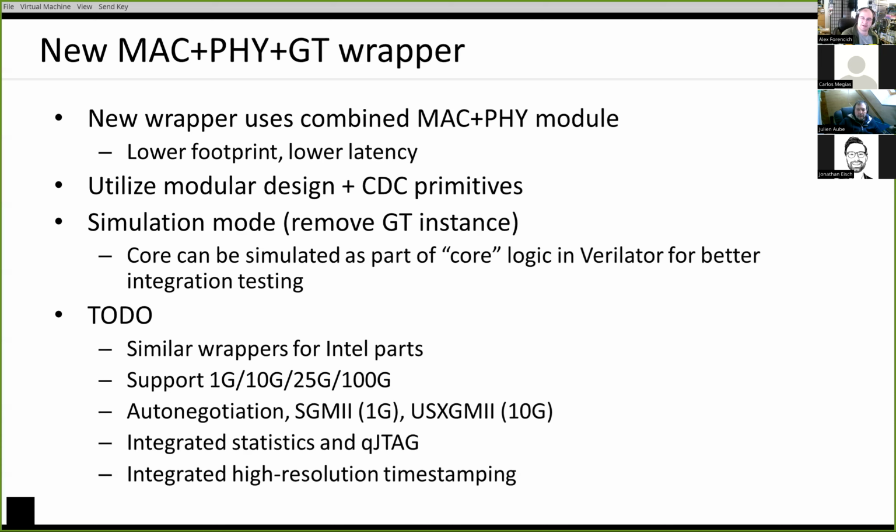And I've added a parameter for simulation mode, so you can include that in the core logic of a design and then simulate it in place, as opposed to keeping the PHY stuff separate and having the XGMII connection, which maybe causes some problems in terms of being able to simulate the statistics connections and control connections and whatnot. So this should be a little bit easier to deal with.